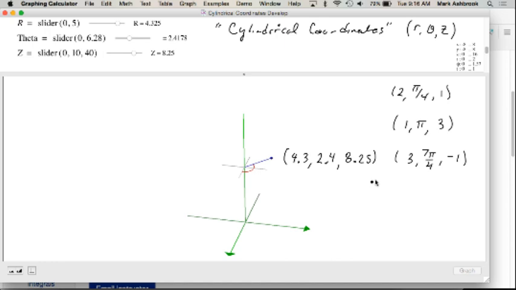And then think about what would this be? Say, sketch points and these equations.